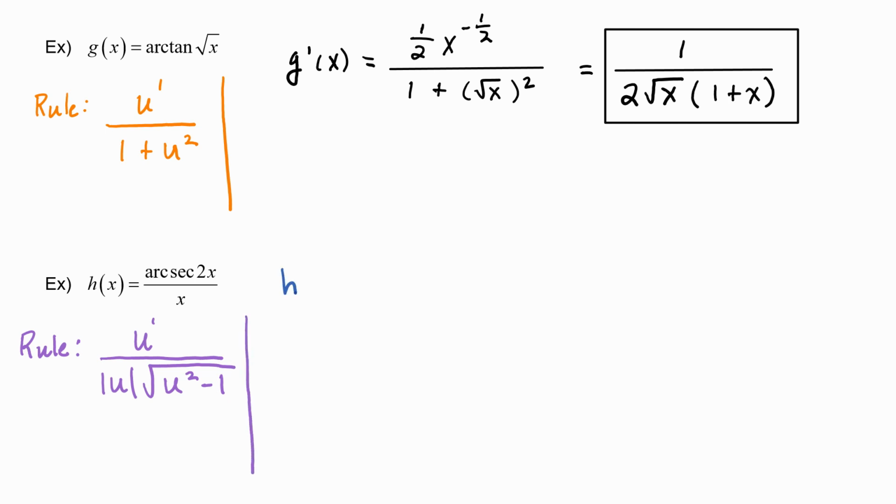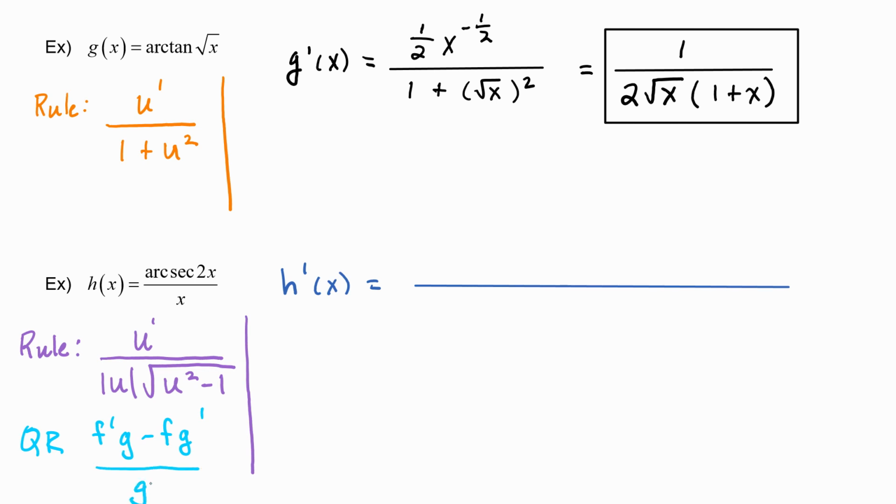So then h prime of x is going to equal, let's make a big fraction bar here. Now remember, we will also have to use the quotient rule in order to find u prime. So we'll have to do f prime g minus f g prime over g squared.